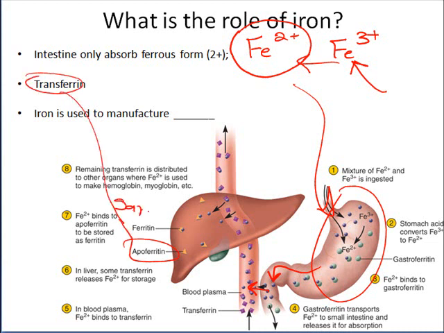This is a type of albumin. It's one of the types of plasma proteins. It combines with the iron atoms to help transport it in the blood, and it eventually moves it to the liver. And once it's in the liver, it's stored there until such time as it's needed in the bone marrow to make the hemoglobin molecules.